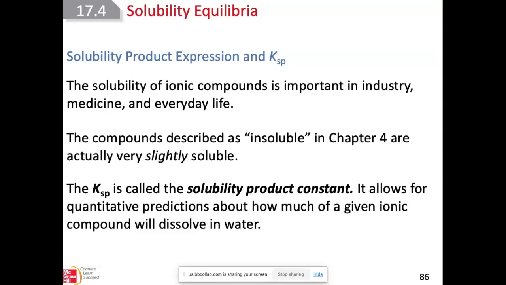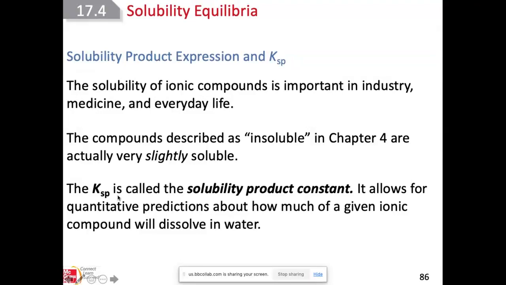And once again, in chapter 4 we have the solubility rules. Certain salts of certain ions do not dissolve; they're insoluble. As you can see, it's in chapter 4. Some compounds are insoluble, but as a matter of fact, those compounds that in chapter 4 we said were insoluble are actually very, very slightly soluble.